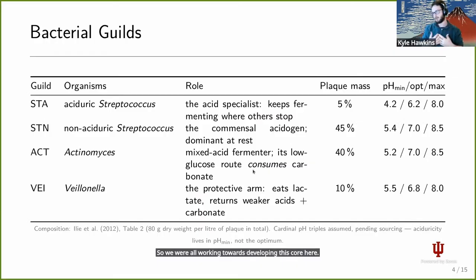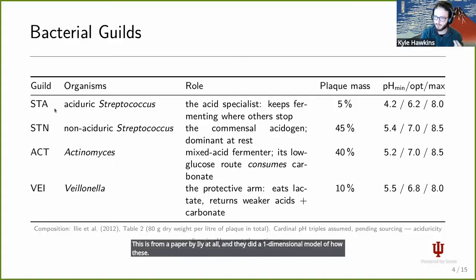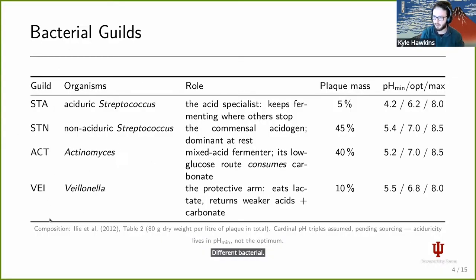As far as the bacteria goes, these are the ones that we chose to model. So this is from a paper by Eiley et al., and they did a one-dimensional model of how these different bacterial guilds affect pH dynamics with a glucose impulse.